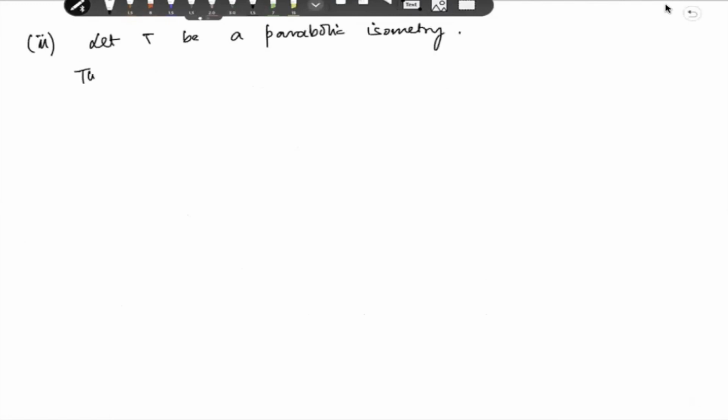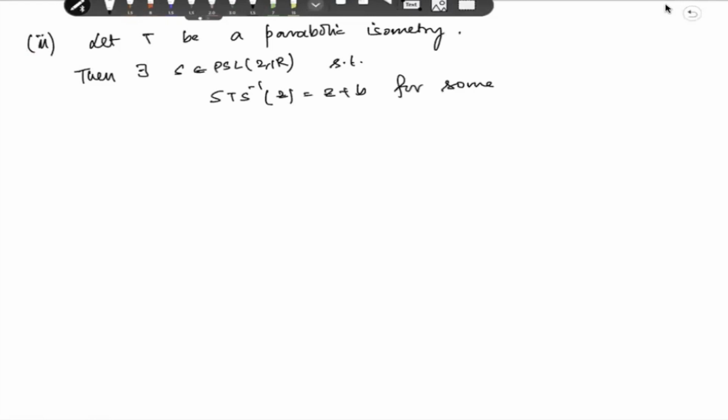Then there exists S belonging to PSL2R such that S T S inverse of Z is equal to Z plus B for some B not equal to 0, with B belonging to R. This I leave as an exercise, and the third one also I leave as an exercise, which can be discussed in some tutorial.